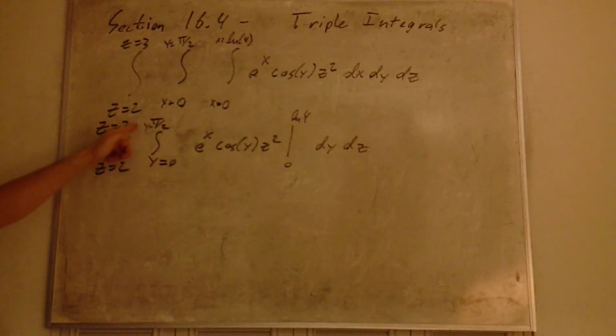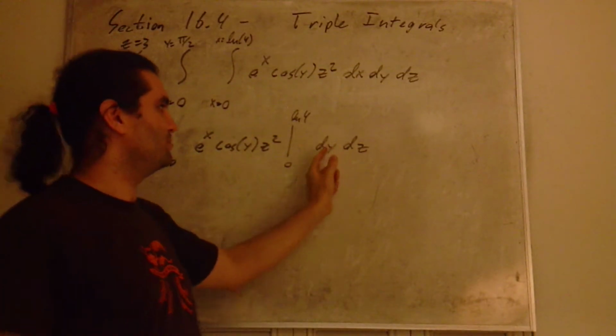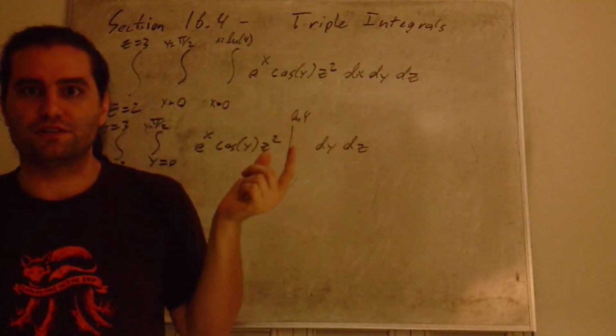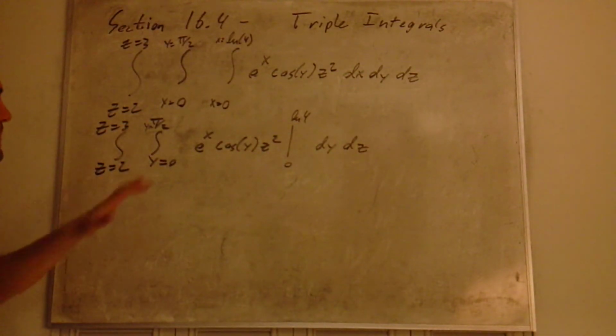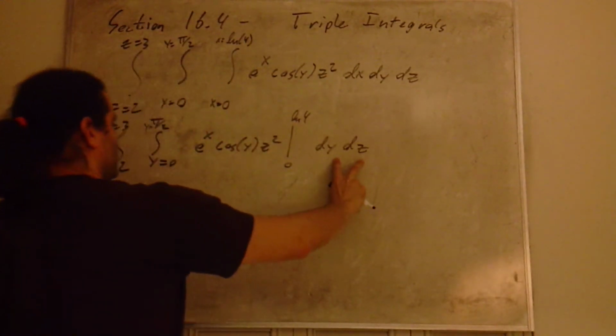The book just puts numbers here and expects you to recognize that the numbers go with these d's in this order. So if you accidentally switch the dz and the dy halfway through this, it's going to get real messy real fast. So dy dz is the order. Going to make sure that I maintain that.